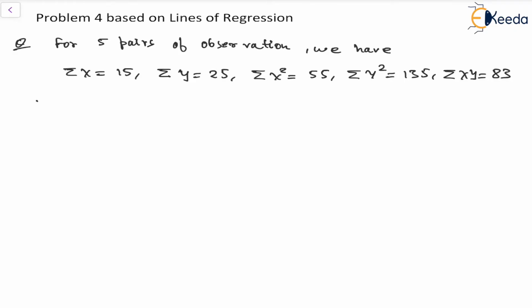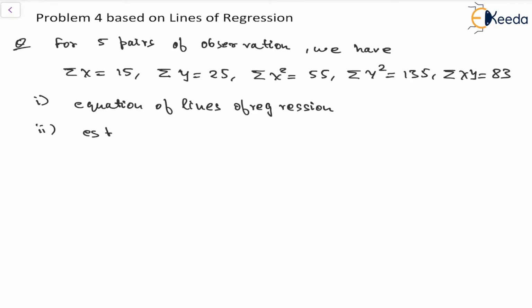So basically we have to find the equation of lines of regression and also estimate x when y is equal to 12 and y when x will be equal to 8.